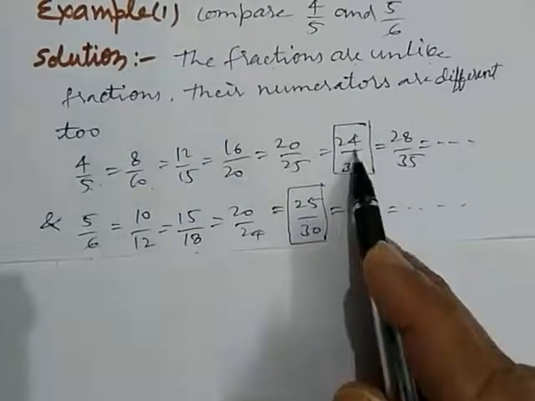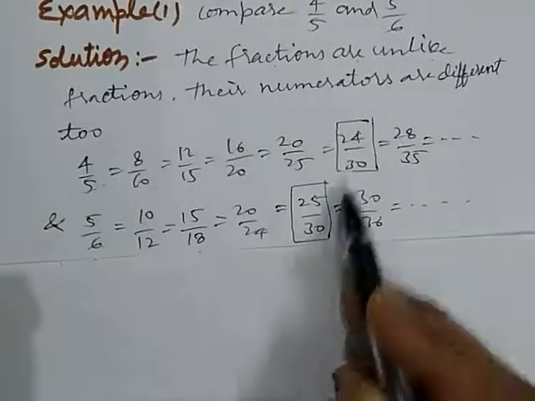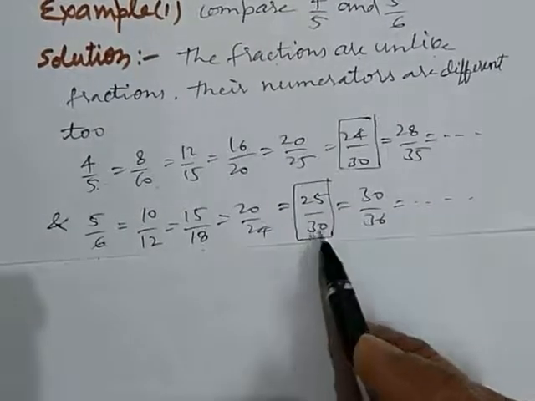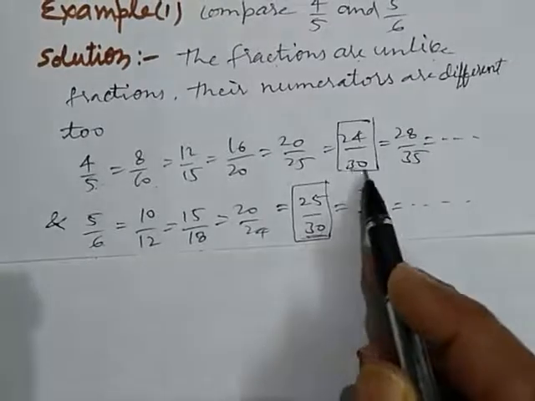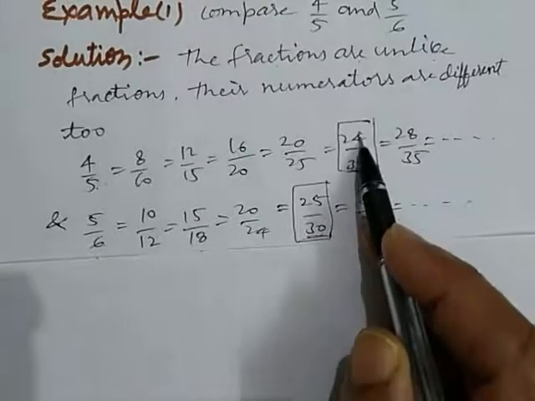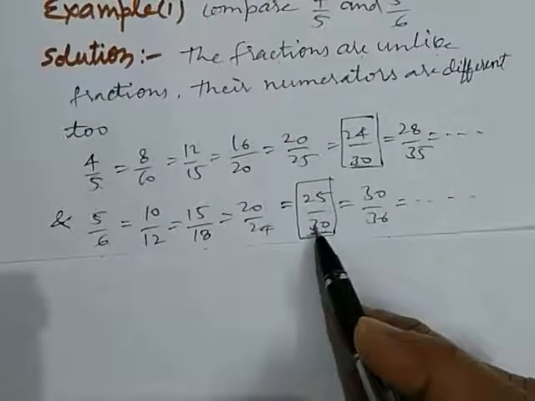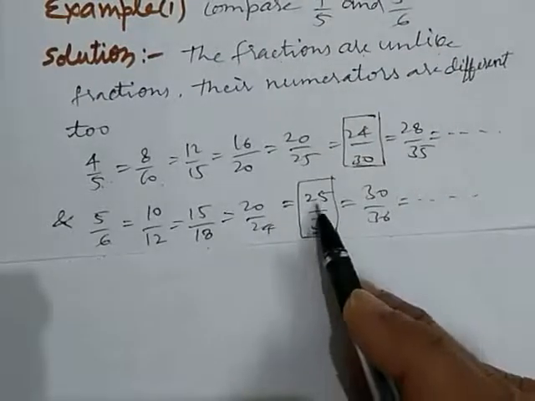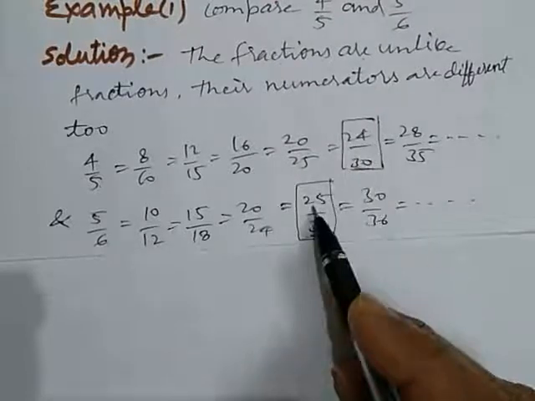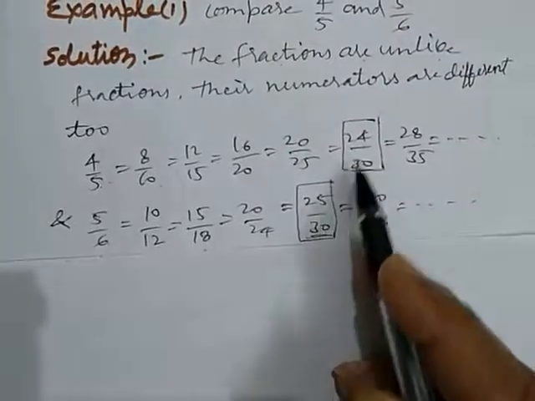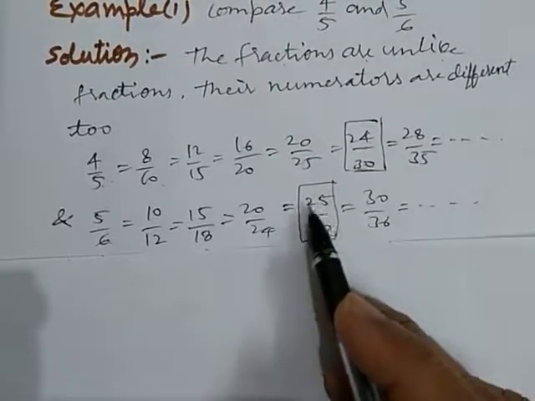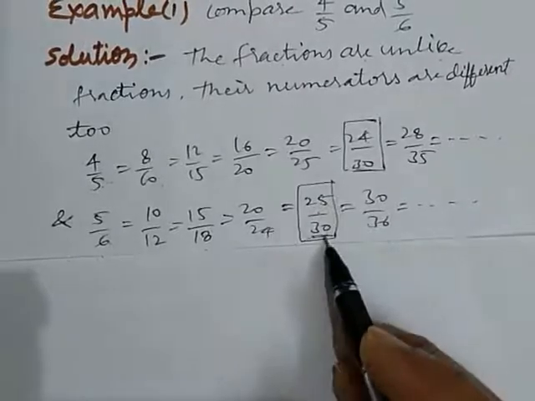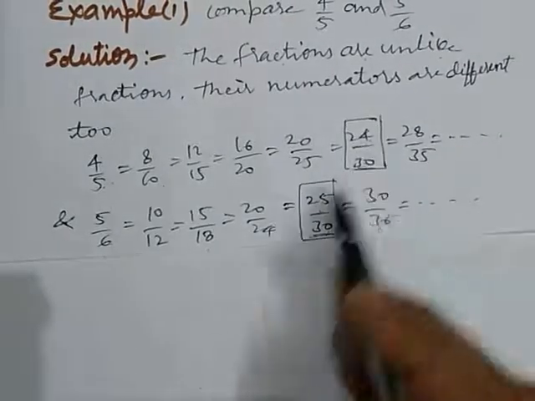Now observe carefully. Here both these equivalent fractions have the same denominator, that is 30. So these two equivalent fractions become like fractions and we can easily compare them by comparing their numerators. Here 25 is bigger, so 25 by 30 is greater than 24 by 30.